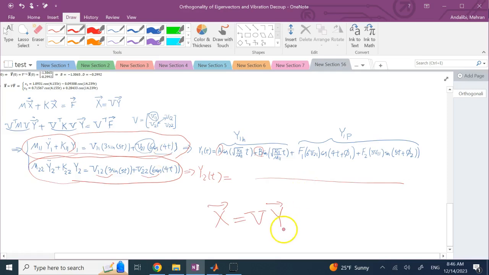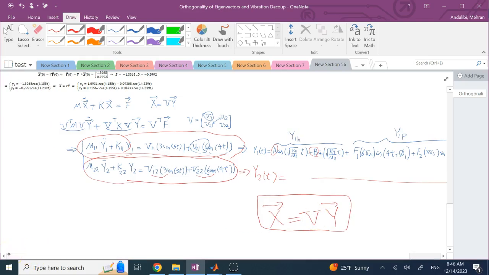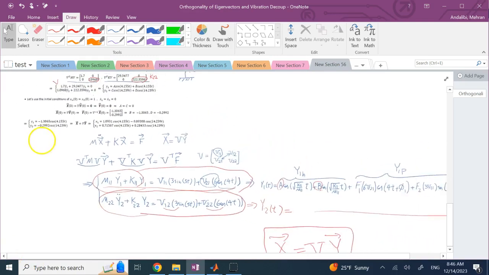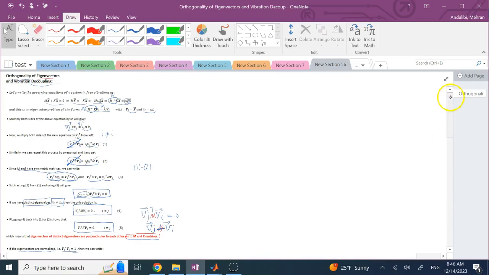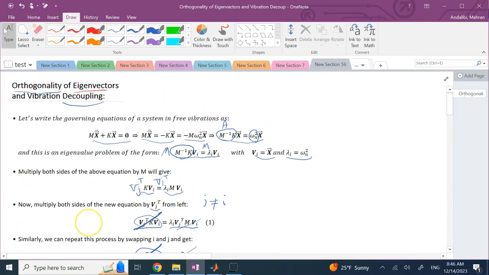And then you plug them here and you find the response of the second order system. Right? So it's divide and conquer. Instead of attacking a 2 DOF system, you attack two 1 DOF systems. That's all this decoupling does. Hopefully it does make sense to you.